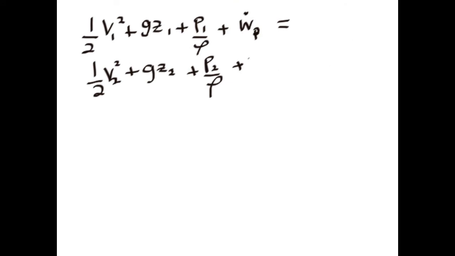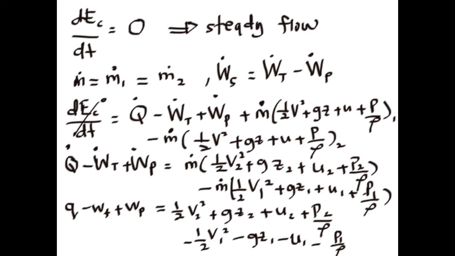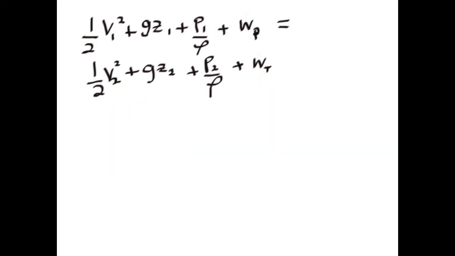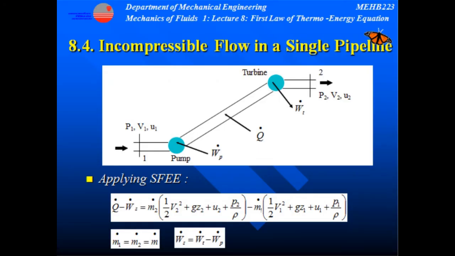So here should be work done by the turbine. Sorry, there is no dot there because it's in the specific form. We divided by m dot just now, right?